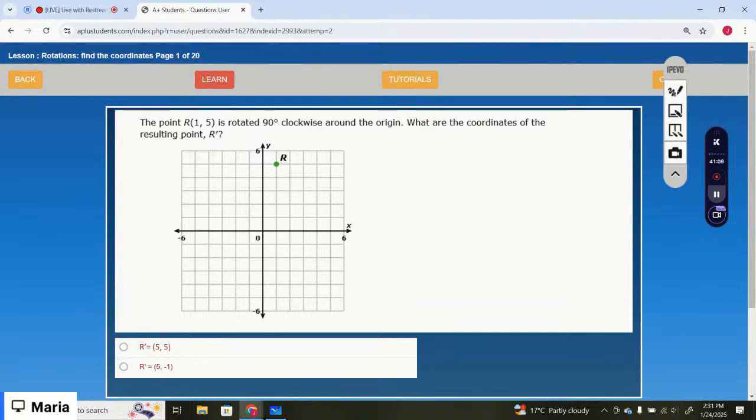What are the coordinates of the resulting point R dash? So here is the point R. So that is a rotation 90-degree clockwise.